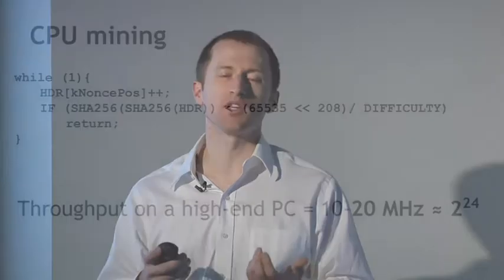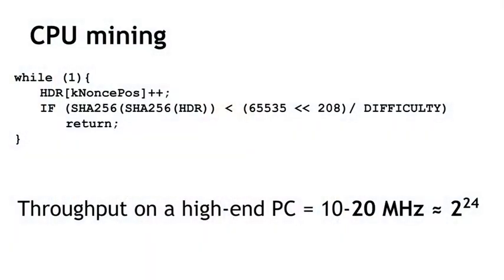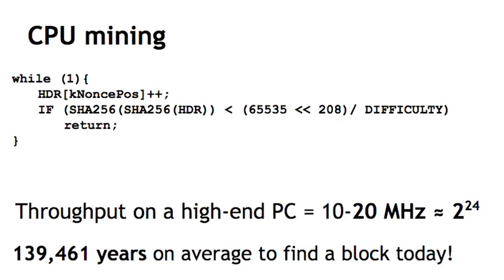Remember that even though hertz is often applied to processor speed, the basic idea of hertz is it just means something that you're doing that many times per second. Okay, so if you're hashing at a rate of 20 megahertz, what does that get you with today's difficulty? Well, it would actually take you over 100,000 years at this rate to find a block.